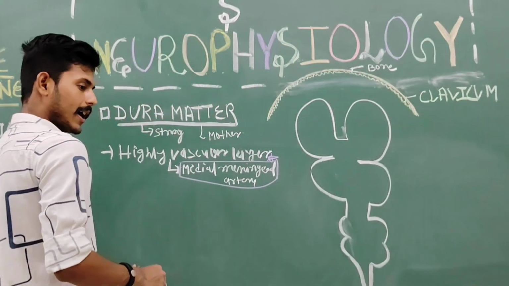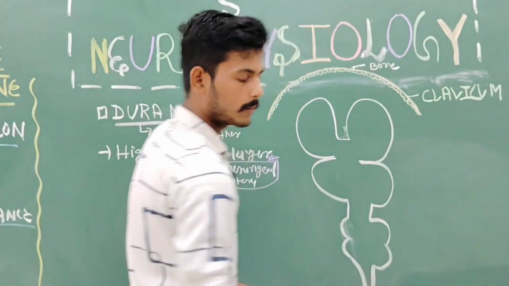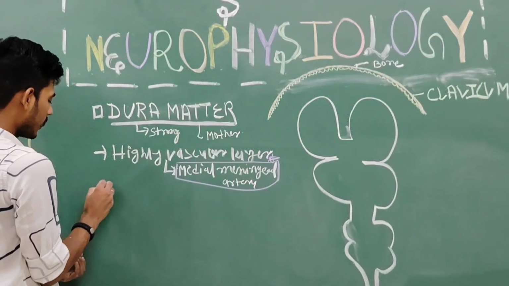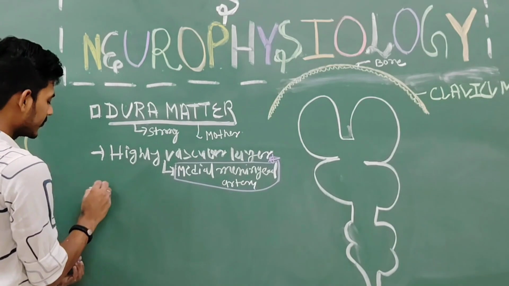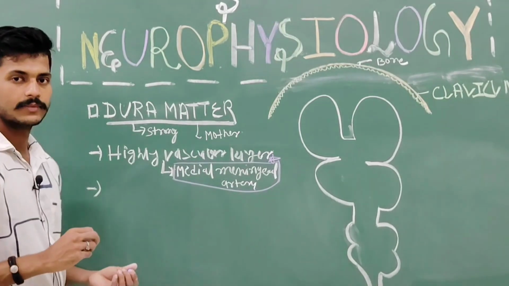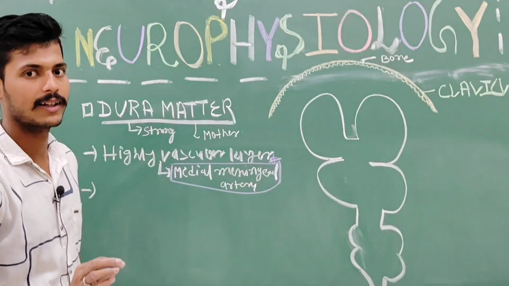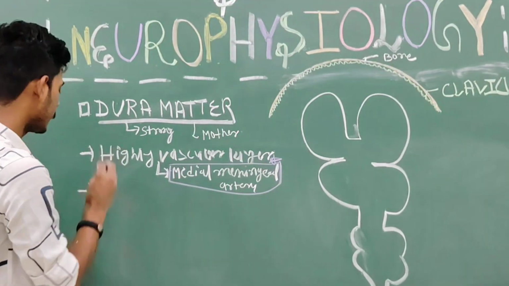Medial meningeal artery. Understood? No problem? Now, another thing you should remember about this layer is that it is dual in number, a double layer.